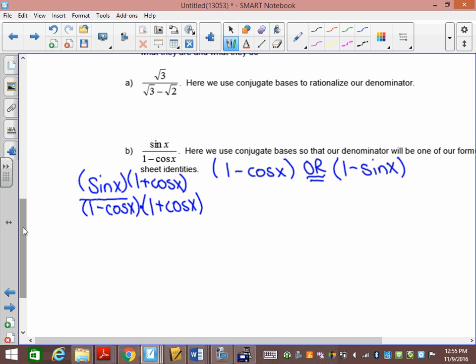I repeat, do not put them together, and I'll show you why in the next two steps. So the top I'm going to leave as brackets: sine x times 1 plus cos x. I am not putting together the two that are not conjugates, and I will show you why in the next step.